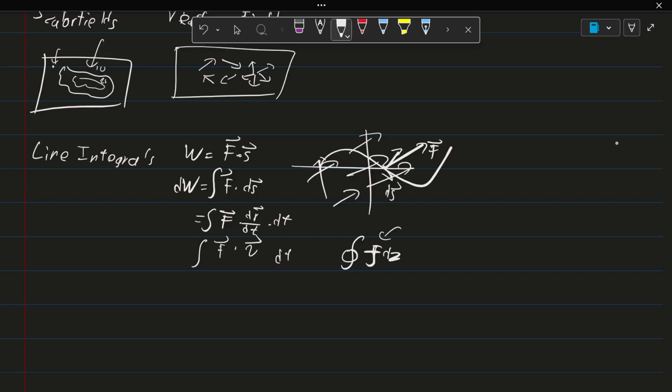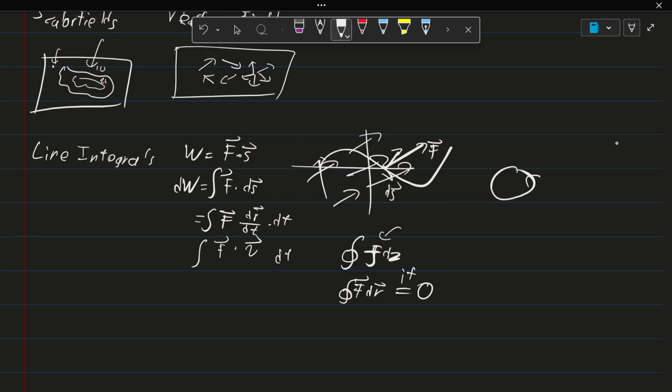And in line integrals, you also have contour integrals, because you could just make a loop and do a line integral, and the result is not always 0 for F dot dr. So there are properties of this. If this is equal to 0, this is something which we call a conservative field. So it's very similar to the idea when we talked about conservative fields when we talked about analytic functions. Well, it turns out that almost every analytic function is conservative.